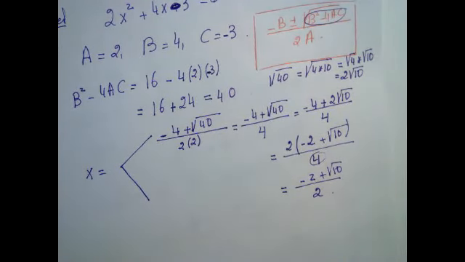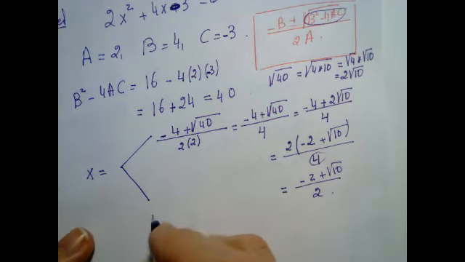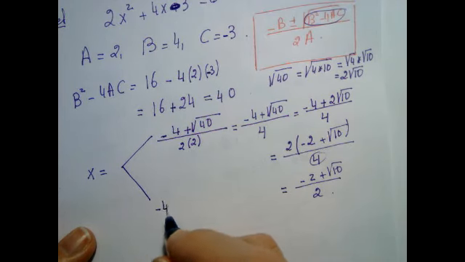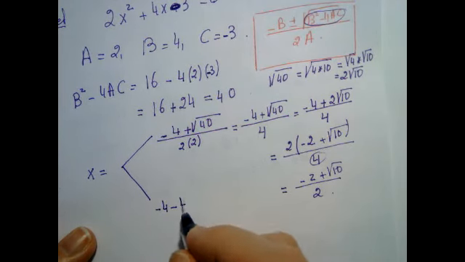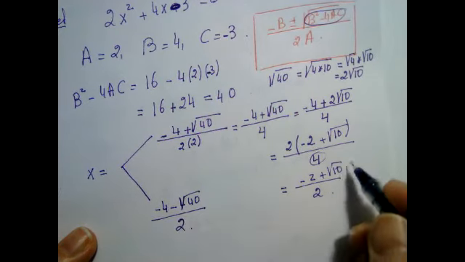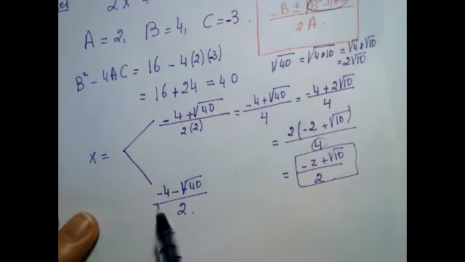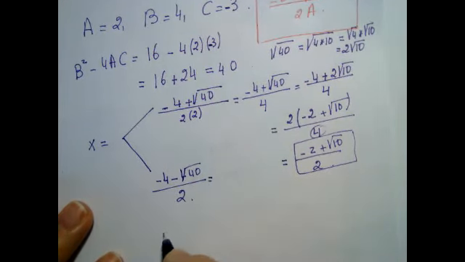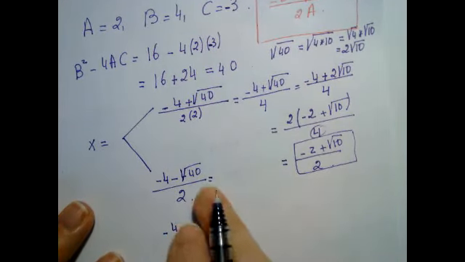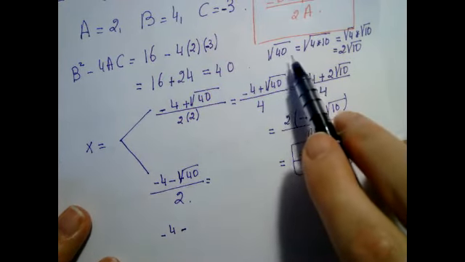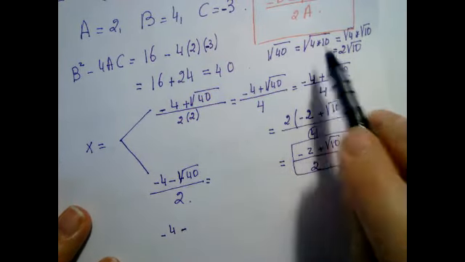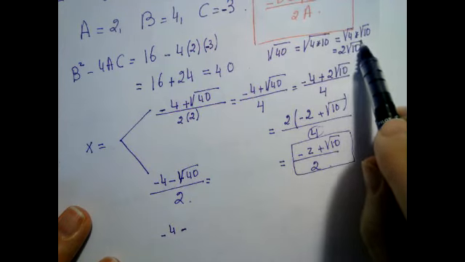So that's going to give me one solution. Now the other solution is minus 4 minus the square root of 40, divided by 4. The square root of 40, I can proceed the same: it's the square root of 4 times 10, which is the square root of 4 times the square root of 10.